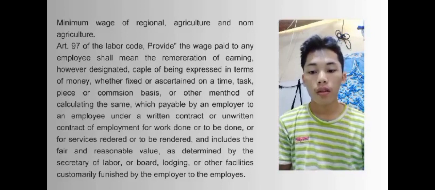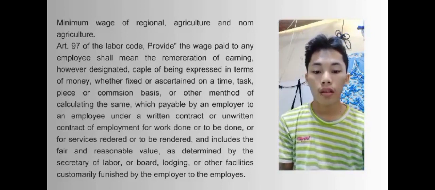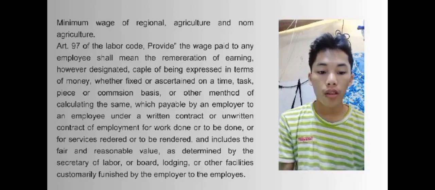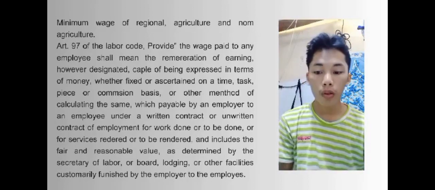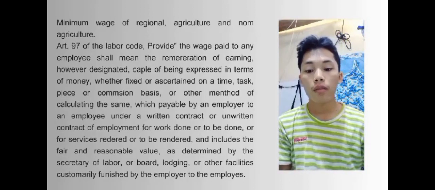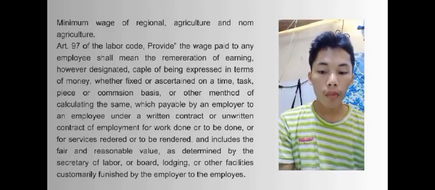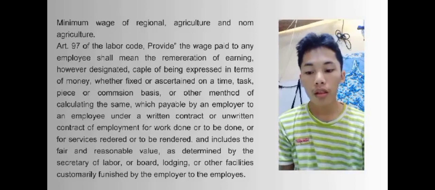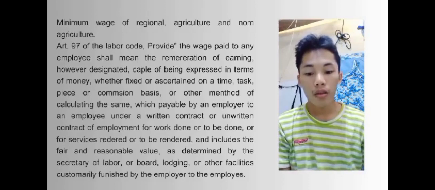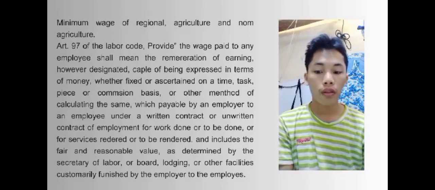Under this law, wage means the monetary remuneration or earnings payable by an employer to the employee under a written or unwritten contract of employment for work done or to be done, or service rendered or to be rendered.